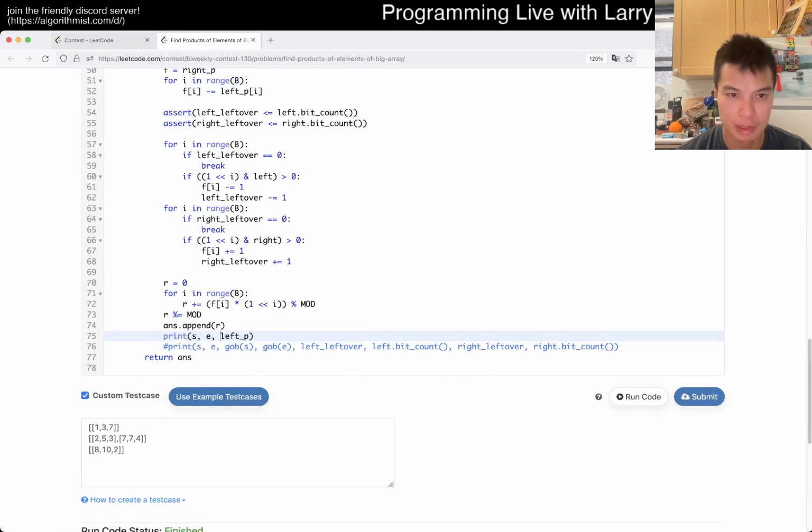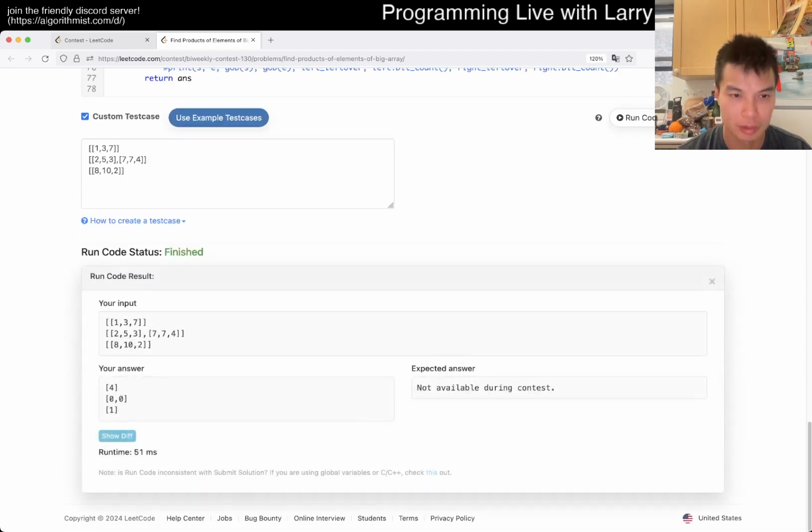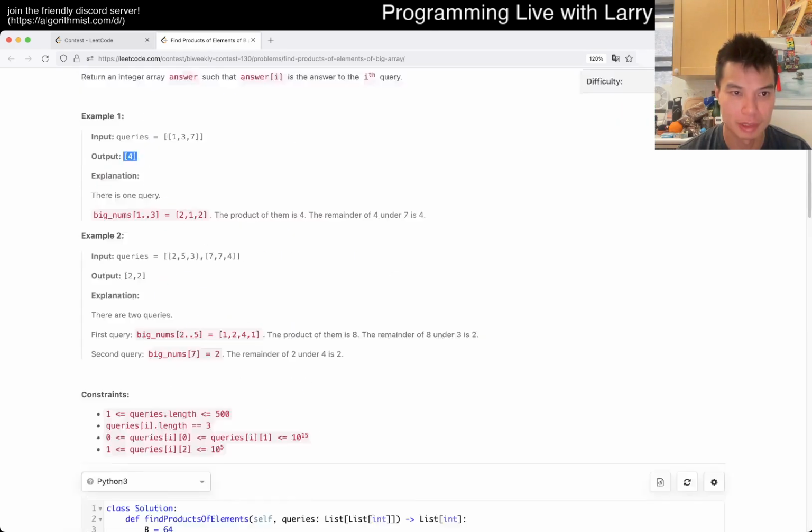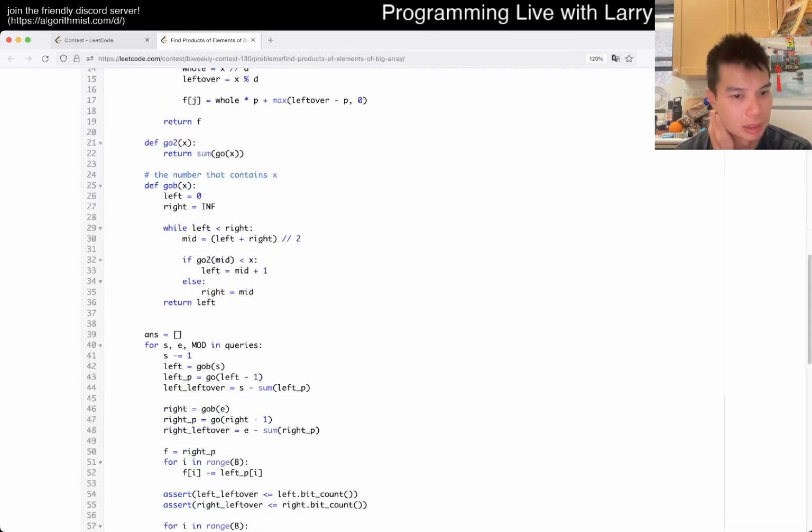Left P doesn't make sense. Okay. Oh, what the? I did too much there. Okay, so 4 makes good now. The other two, not so much, maybe.